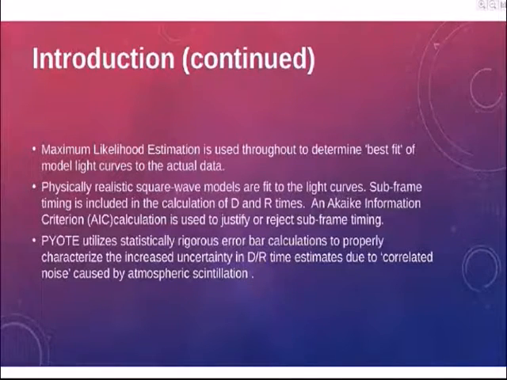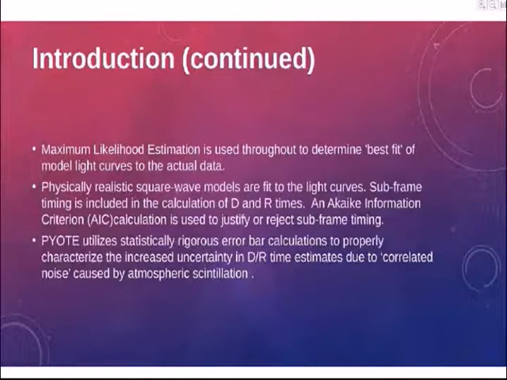And as I mentioned earlier, PYOTE uses a statistically rigorous error bar calculation to properly characterize the uncertainty in the time estimates and the error bars. And it uses correlated noise that is caused by atmospheric scintillation. It's very important because most Monte Carlo simulations have to use noise that is Gaussian based.